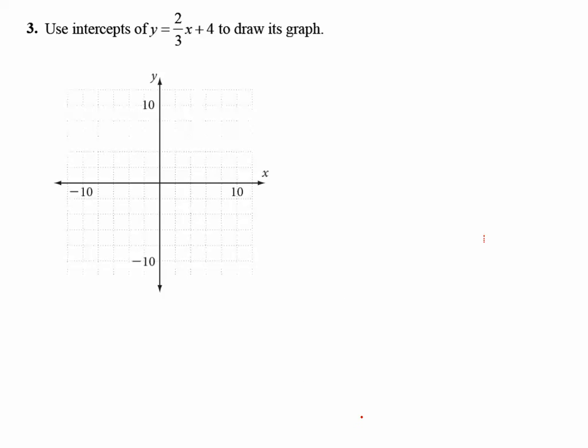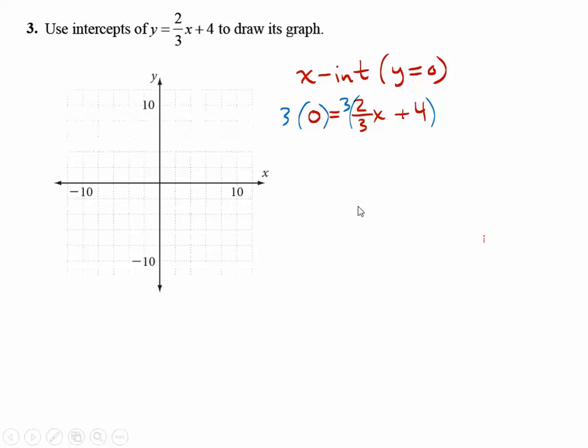Alright, this one, again, make the table if you like. If you want to do it the way the book does, you plug a 0 in for the y value. In this case, there's a little bit of algebra work to be done. How about we multiply through by 3 just to get rid of the fraction, so 3 everywhere. 3 times 0 is still 0, and then these 3s cancel off, leaving just 2x, but the 3 also has to distribute to the 4.